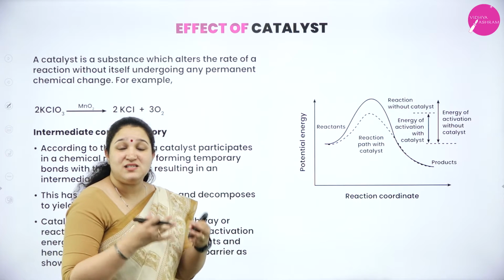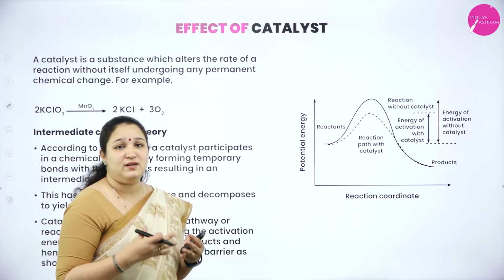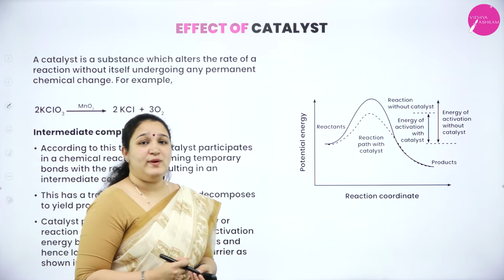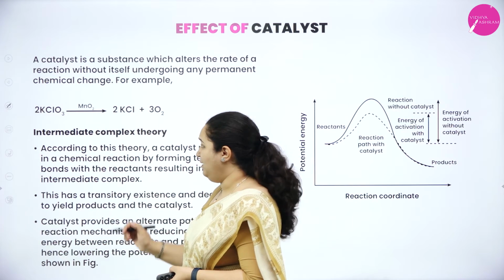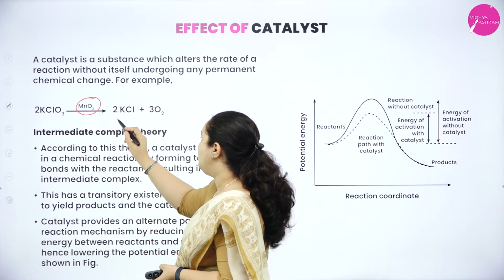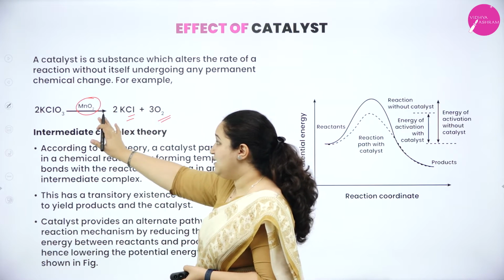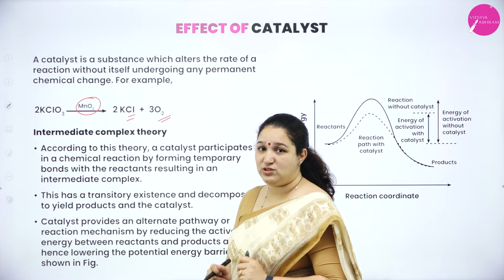But the catalyst itself will not undergo any permanent chemical change, isn't it? So here we have an example of KClO3 and the catalyst added is manganese dioxide to form KCl and O2. This manganese dioxide will increase the rate of the reaction.